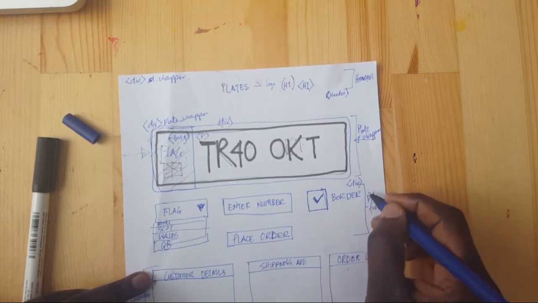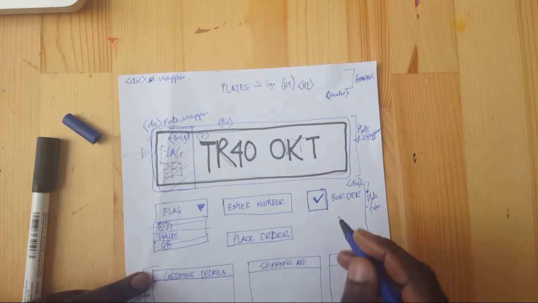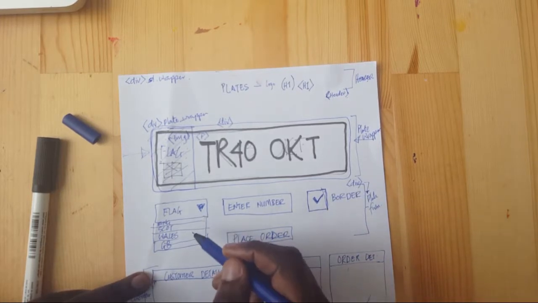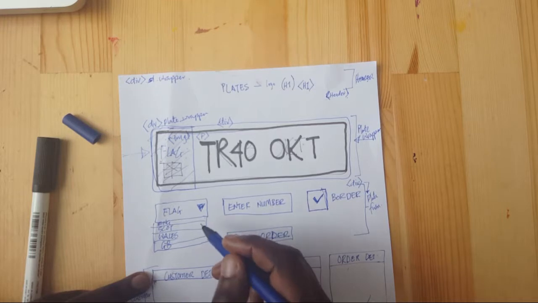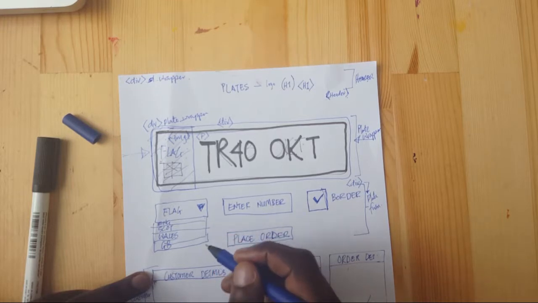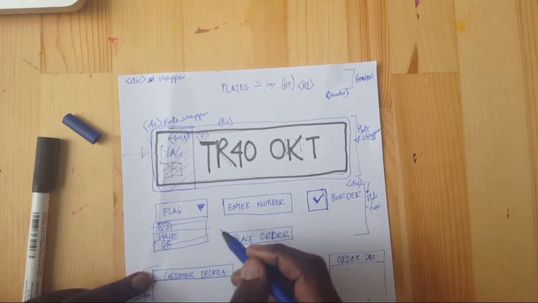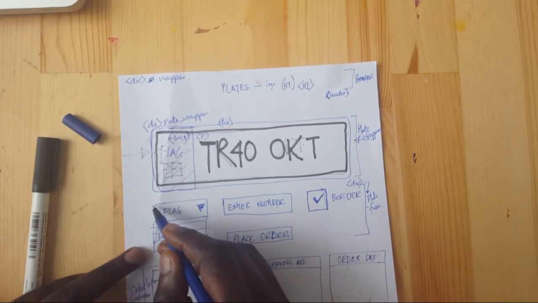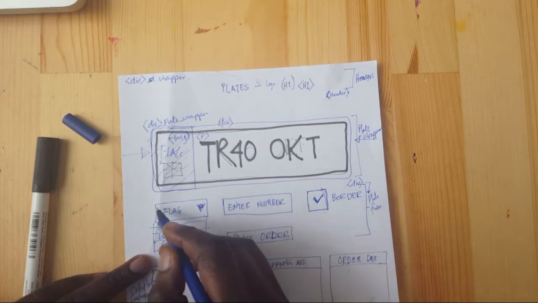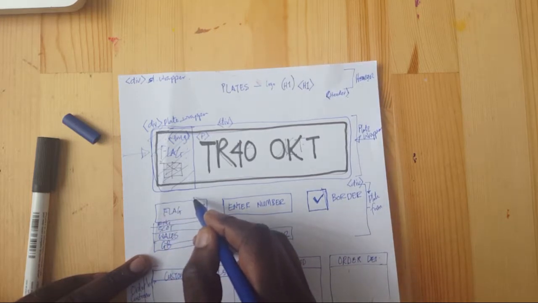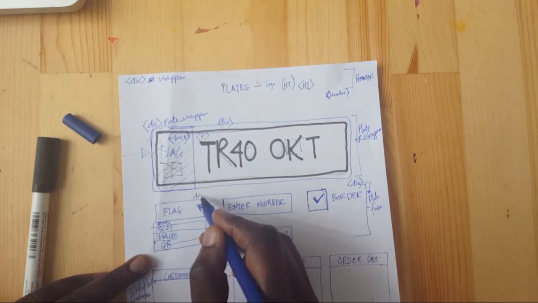This div is just called platform. Inside that we'll divide it into 3 using either CSS grid or flex, but we'll divide it into 3 columns. The browser should be able to do that. And then we'll have a flag drop down. So this is a drop down, a select.